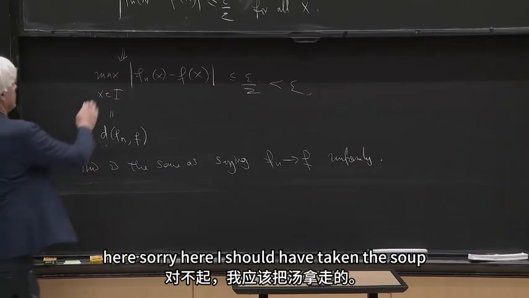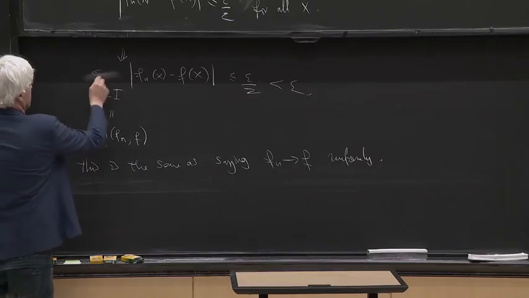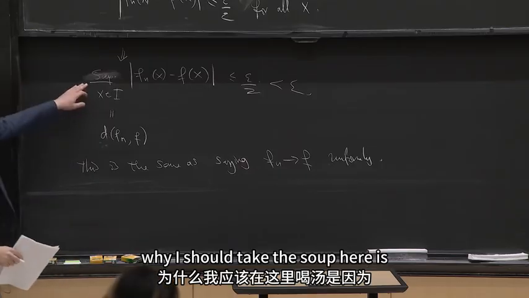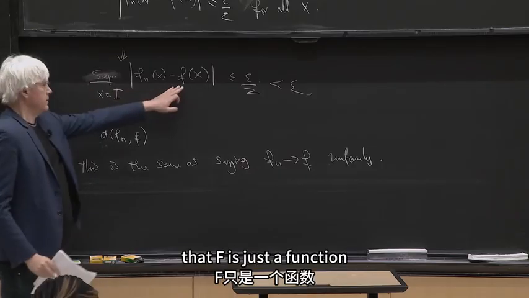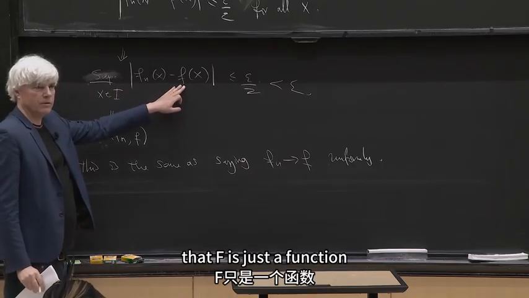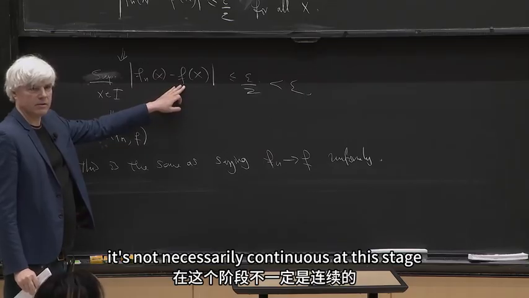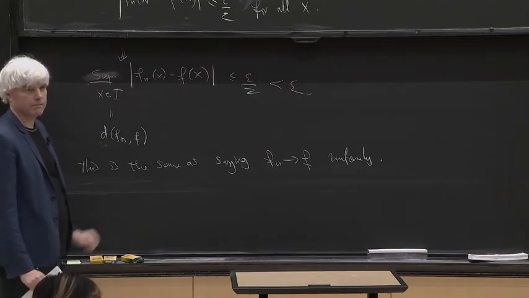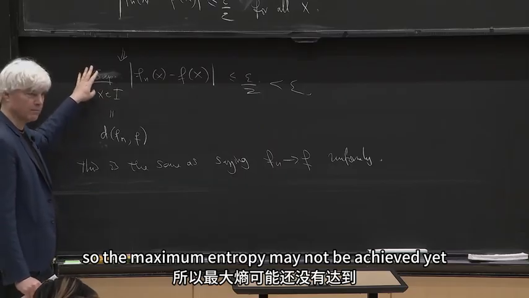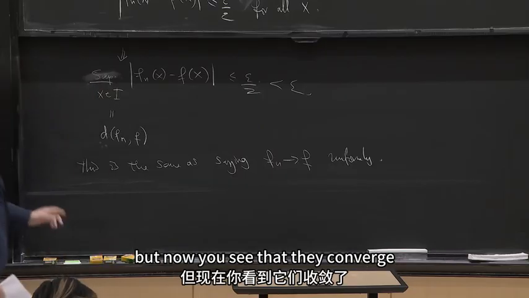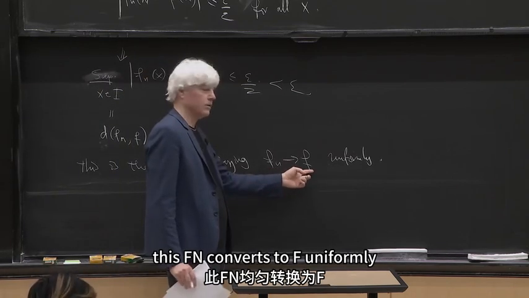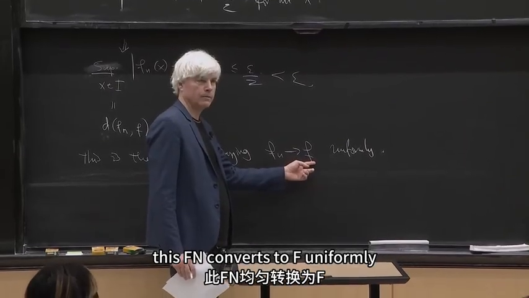Here I should have taken the sup. The reason I should take the sup here is that f is just a function. It's not necessarily continuous at this stage. So the maximum a priori may not be achieved yet, but now you see that these Fn converge to f uniformly.